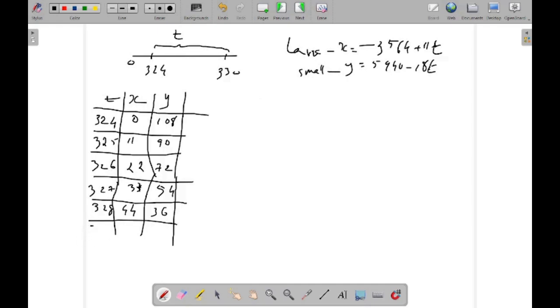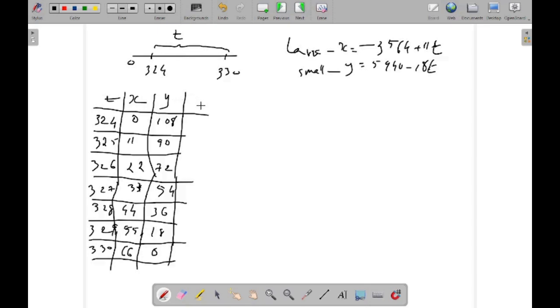Then t is equal to 329, x is 55, that is 55 number of large shirts and 80 number of small shirts. Then the last value 330, x will be 66 and y will be 0.